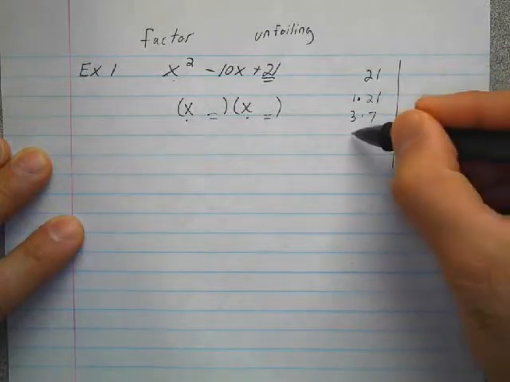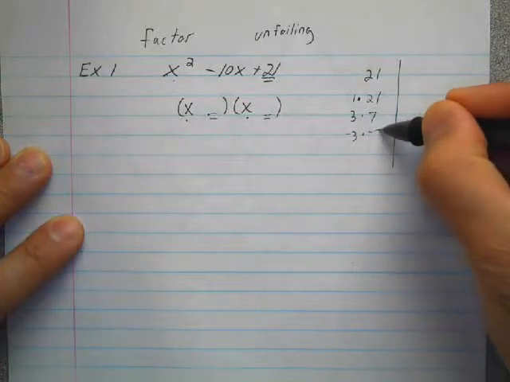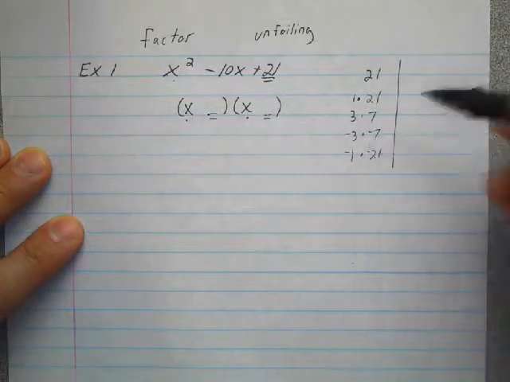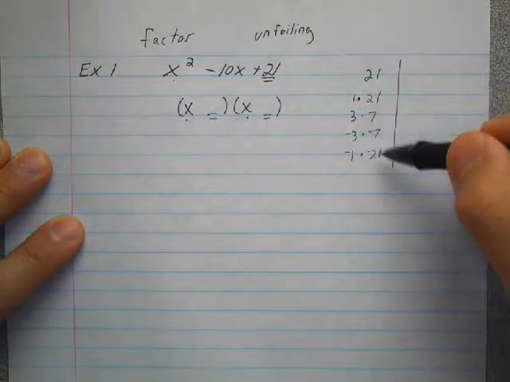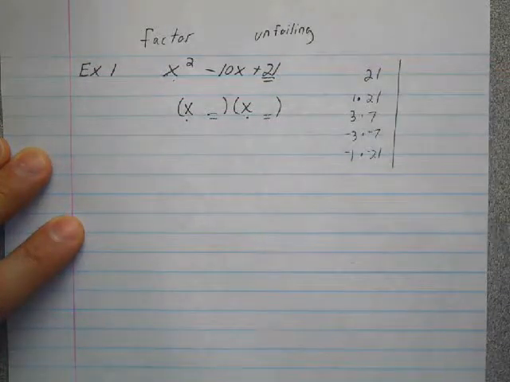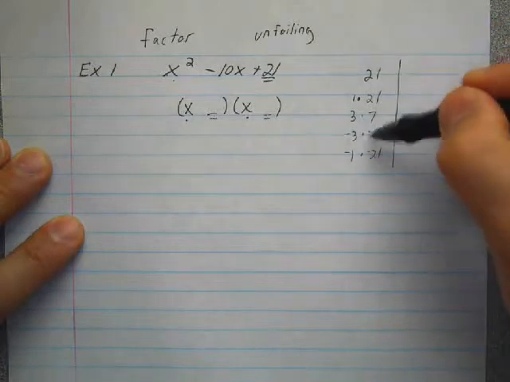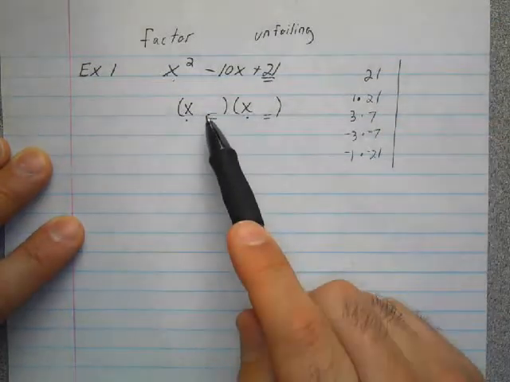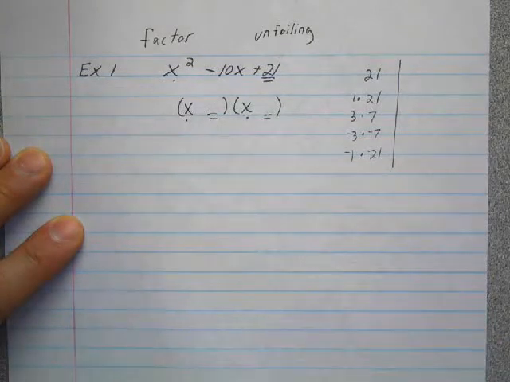I could think negative 3 times negative 7, or even negative 1 times negative 21. So I have my positives and my negatives that all equal a positive 21 when I multiply them. And then the last step, we have to decide which one of these factor pairs I want to use to complete my factoring here.